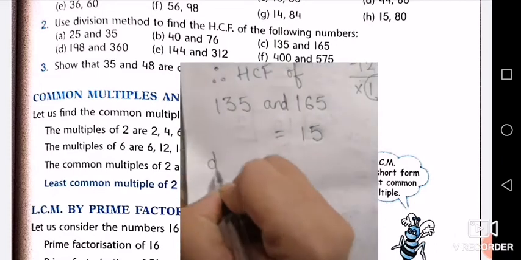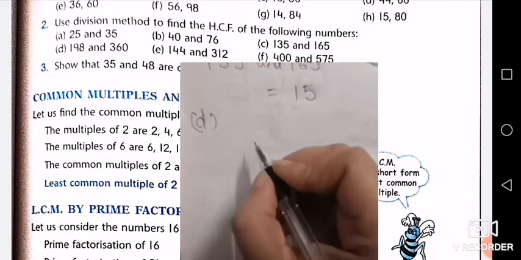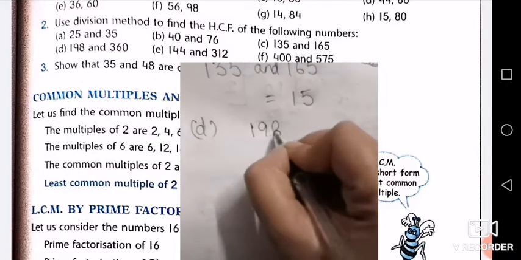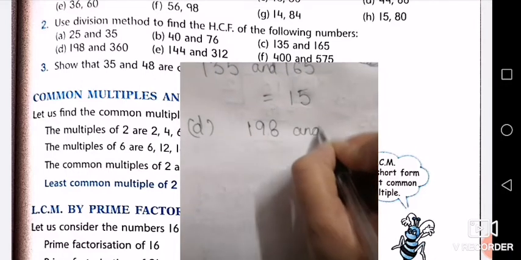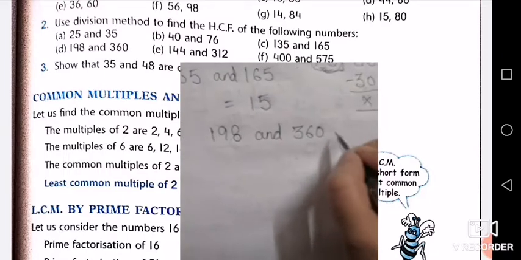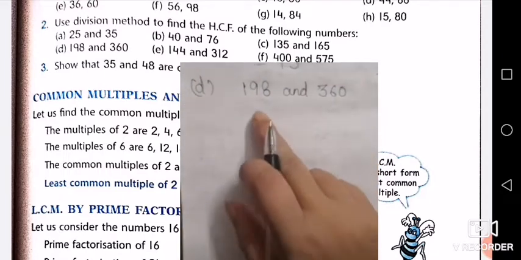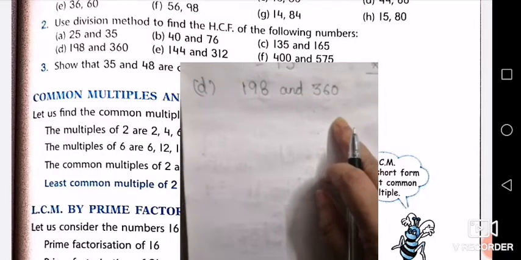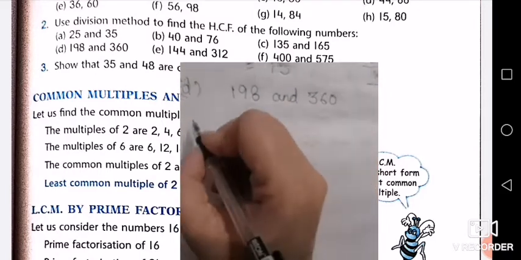Now we'll start our D part of this exercise: 198 and 360. Now this is our D part, 198 and 360. So let's start this question.